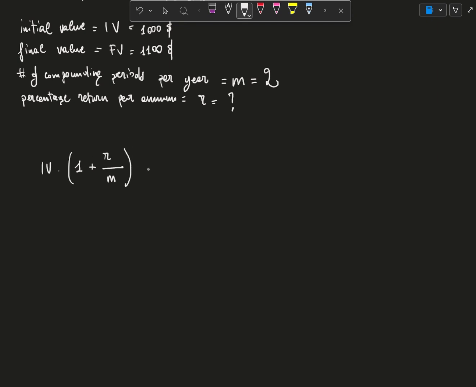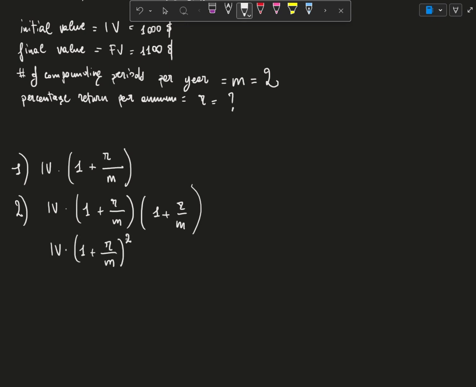This is what happens after 1 period. And after 2 periods, we will have the initial value times 1 plus R over M times 1 plus R over M, which we can also rewrite as IV times 1 plus R over M to the power of 2.